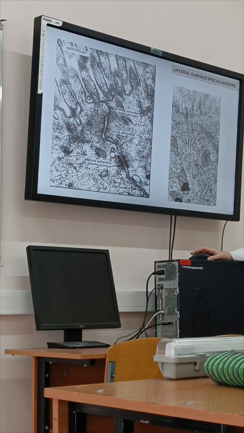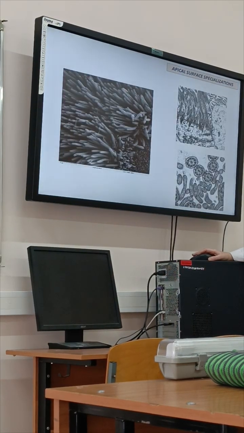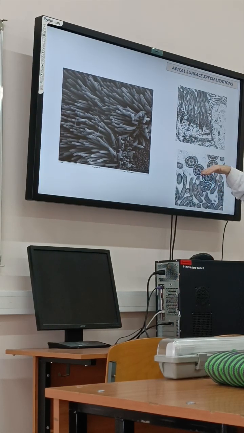I remind you again. If it's cilia, we can see microtubules here. When we cut it on longitudinal section, we see this one line, this one line, this one line. In microvilli, we can see only gray color material.